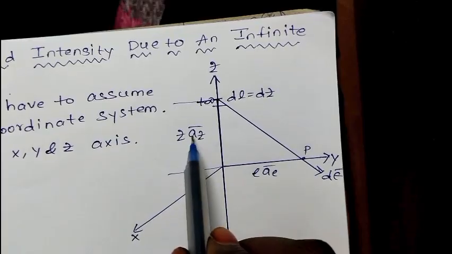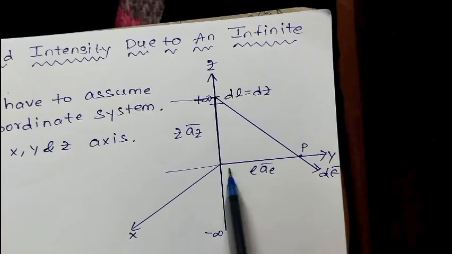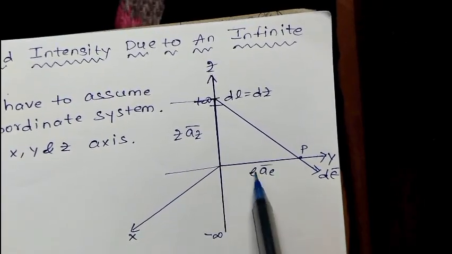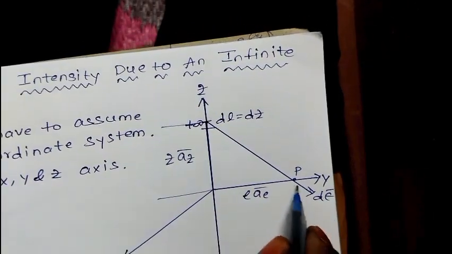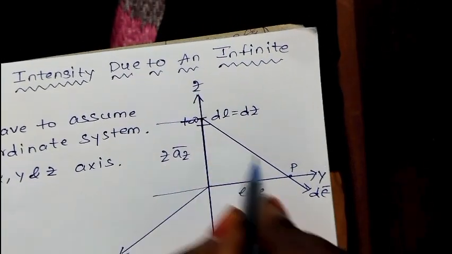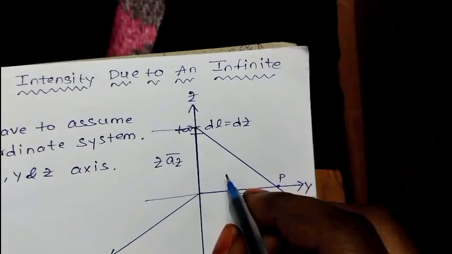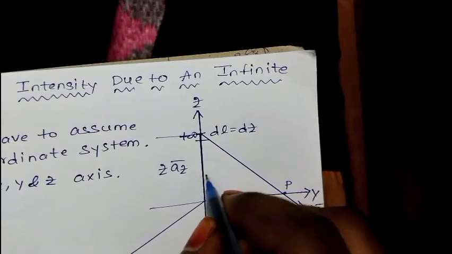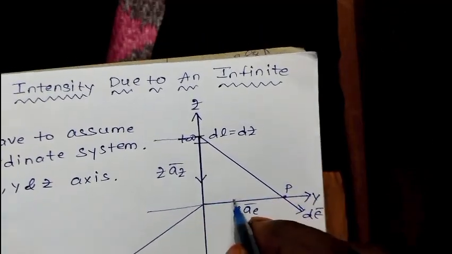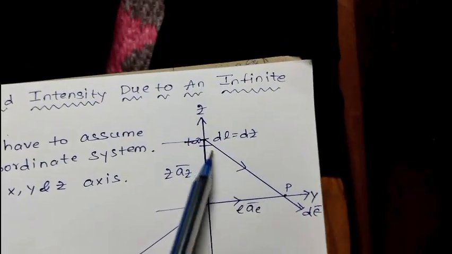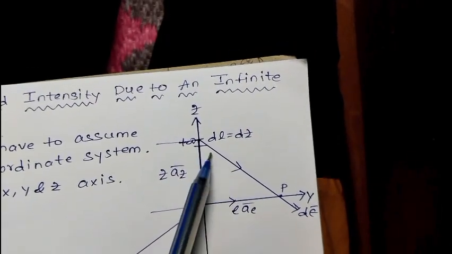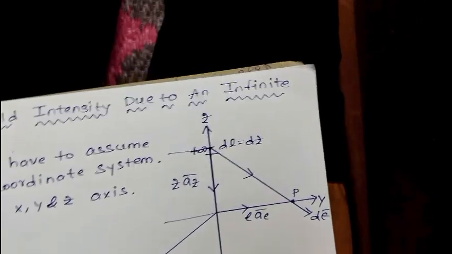We have the z axis, and next the y axis, rho arrow bar, and we have to draw this line towards the P direction. We have to draw this arrow mark towards the P direction.